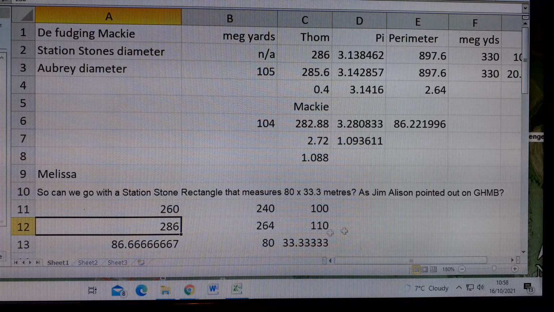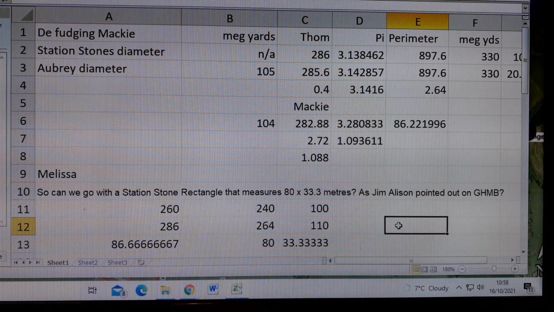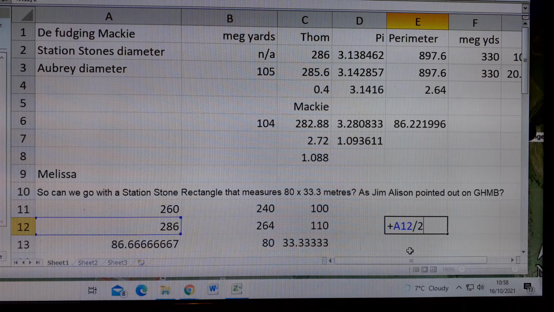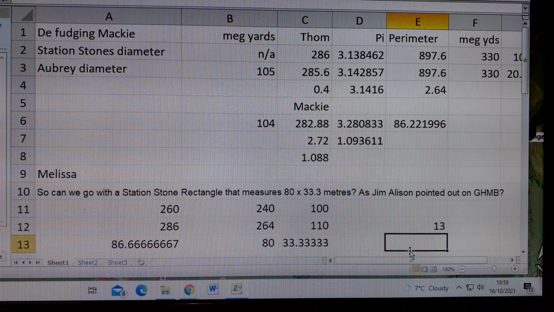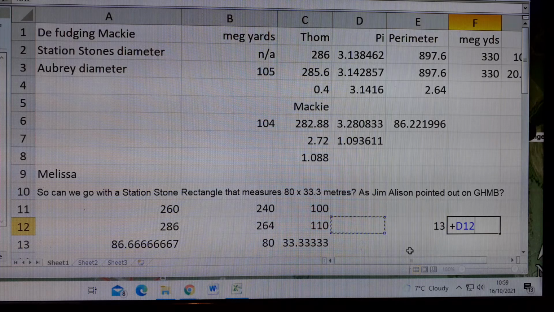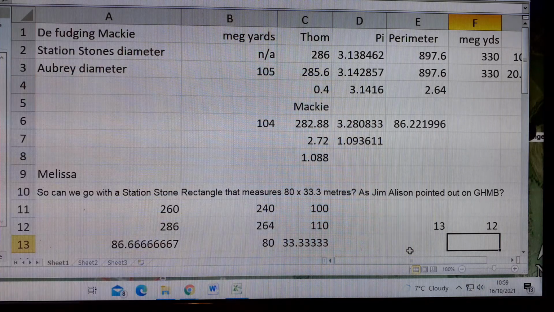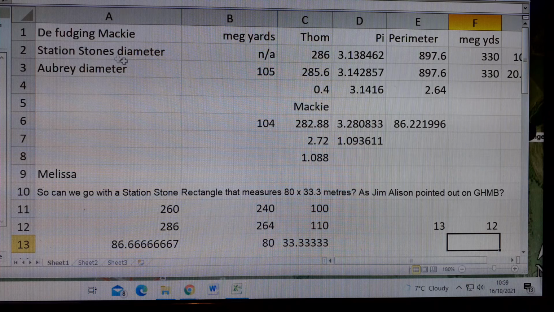So it's 286, and we divide it by 22. We get 13. And we can see we'll get 5 when we divide 22 into 110. So all I'm saying is everything in Mackie's article is right except the unit that he's using.